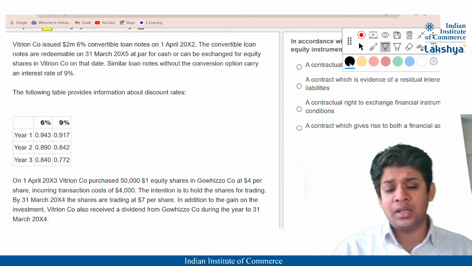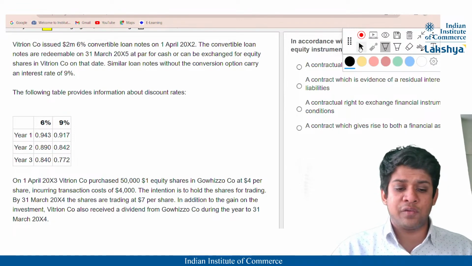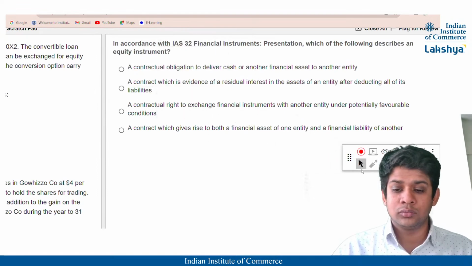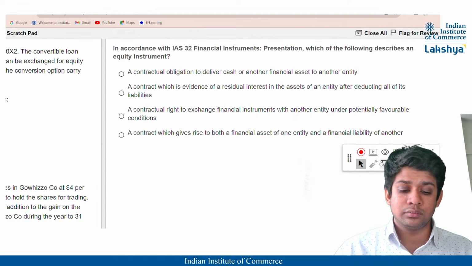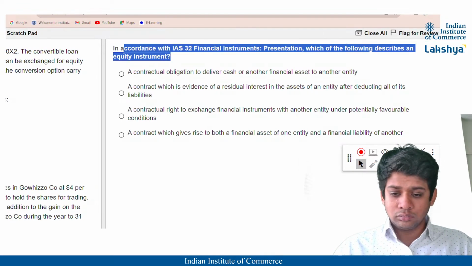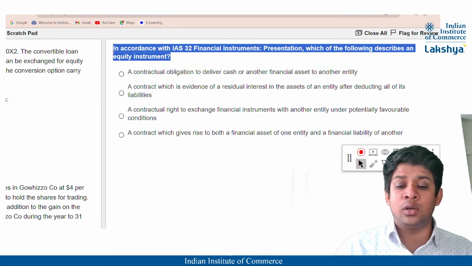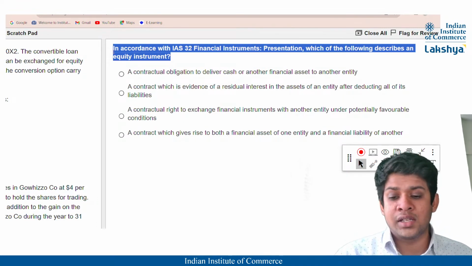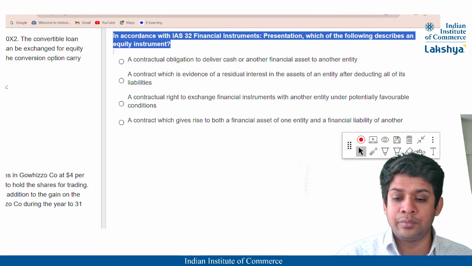Now, let us firstly look at what they are asking for. In accordance with IS 32, financial instruments presentation, which of the following describes an equity instrument?